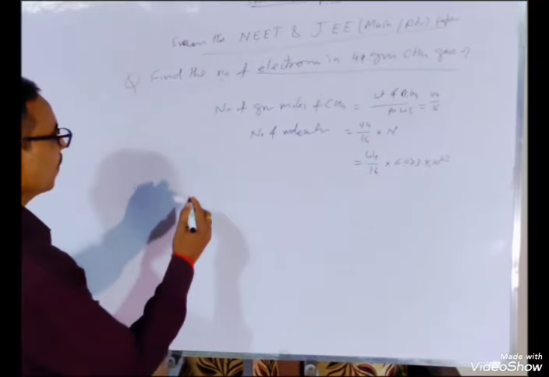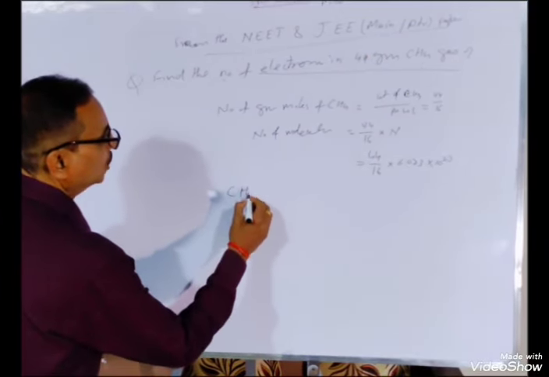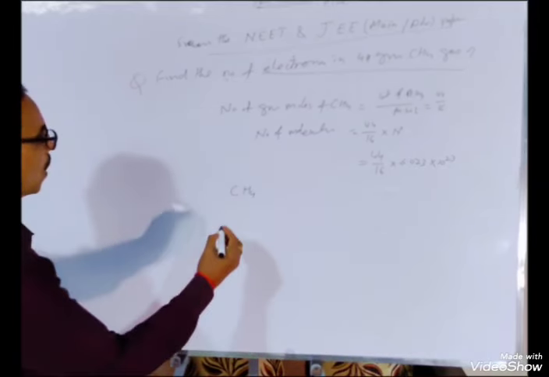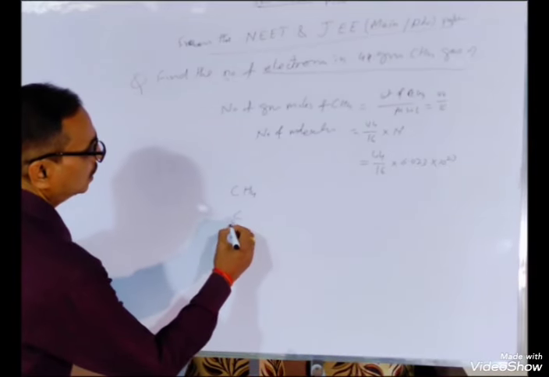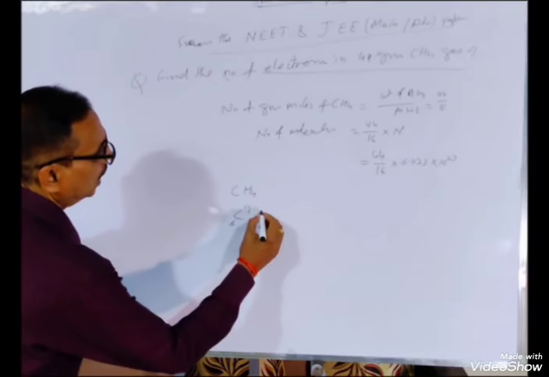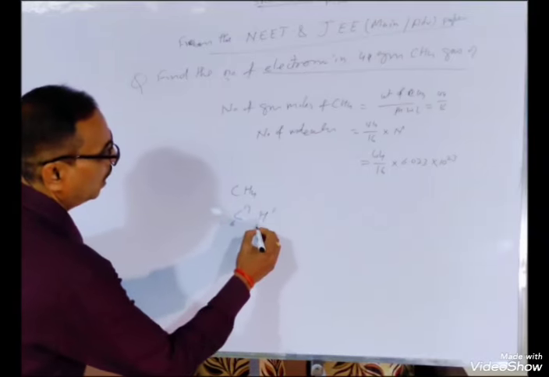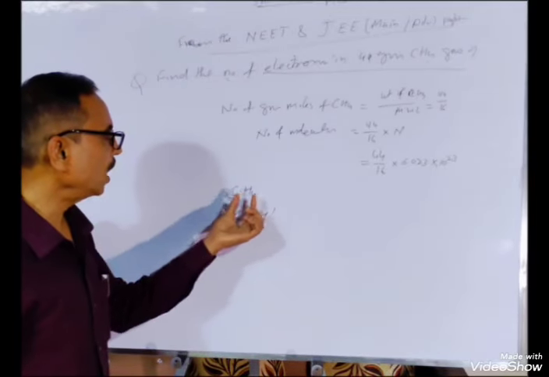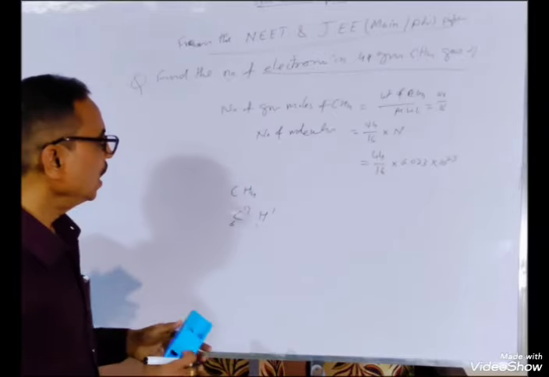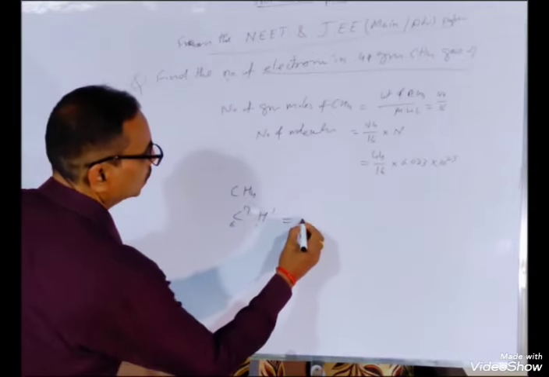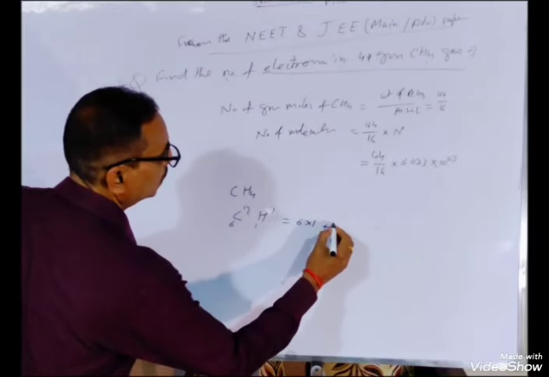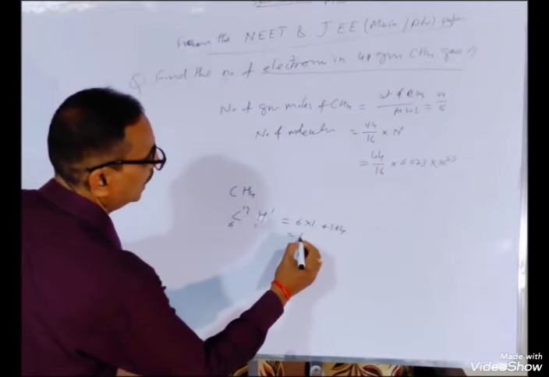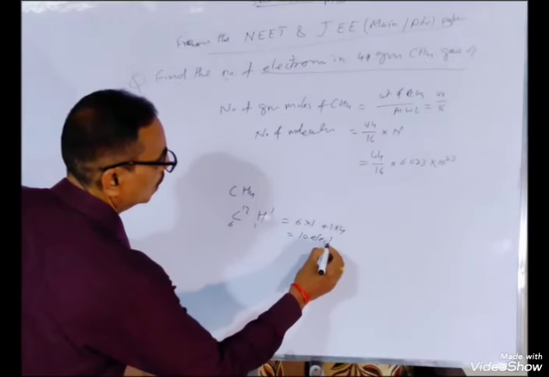Then again, one molecule of methane CH4 contains how many electrons? You should know. Carbon has 6 electrons, and hydrogen 1 atom contains 1 electron. So 4 atoms give 4 electrons plus carbon 6, total 10 electrons.